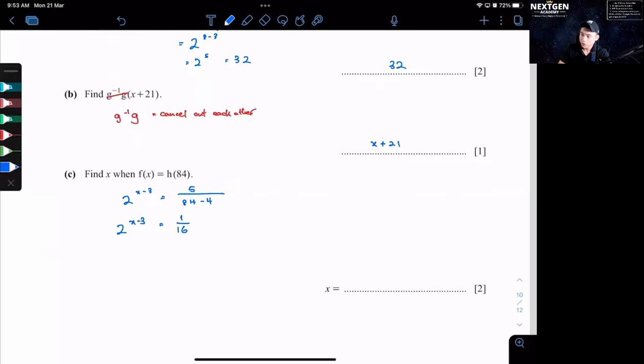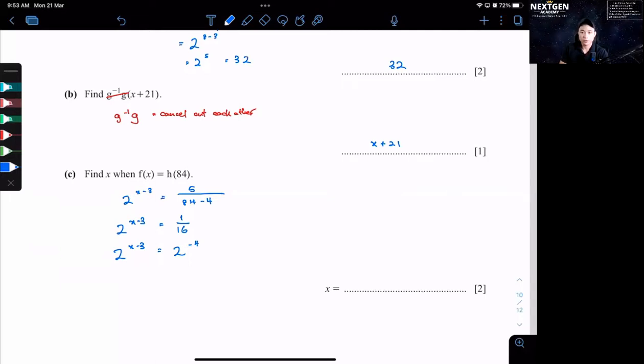Both have base 2. So I can change it, this can be written as 2 to the power of negative 4, right? Okay, for maths, this is the way that you all learn. For add maths, you all can use log, you all can use ln if you all forget this method.